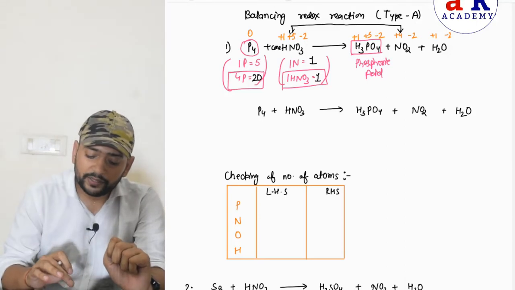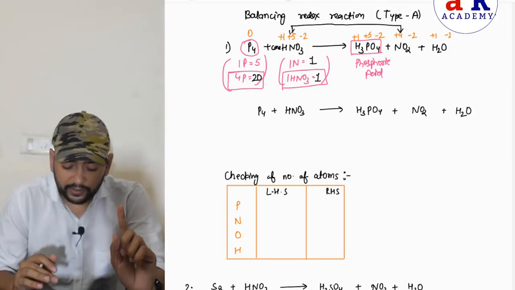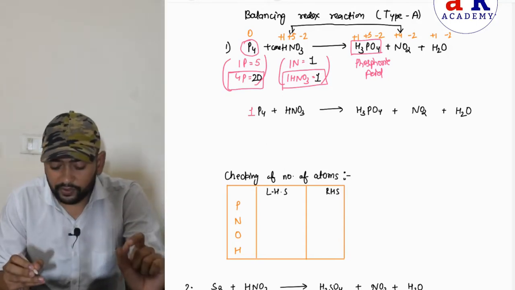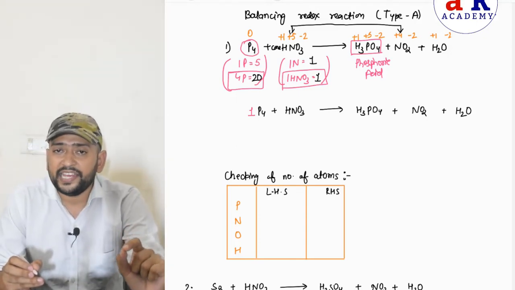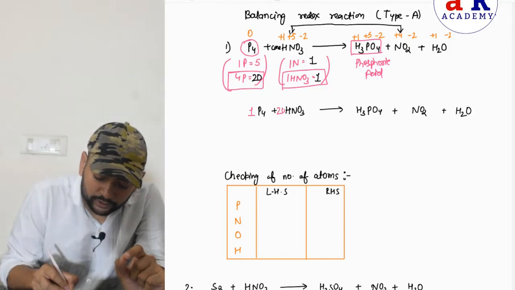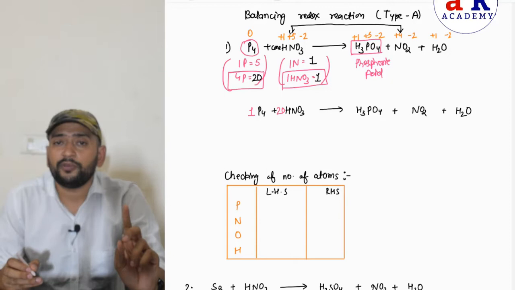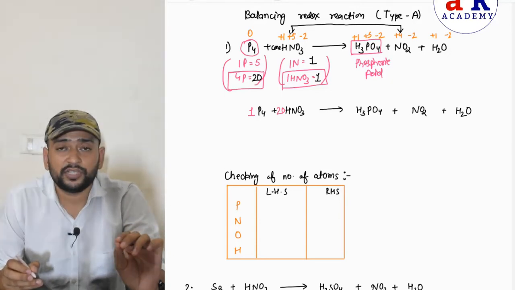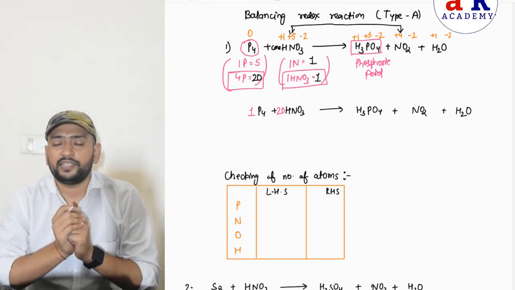So let me do it. I need to multiply P4 by 1, so I write 1 P4. And for HNO3, I need to multiply by 20, so here I will write 20. So the stoichiometry of P4 is 1 and the stoichiometry of HNO3 will be 20. I hope up to this point it is very much clear to you.